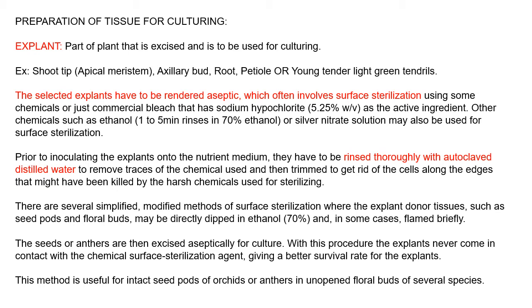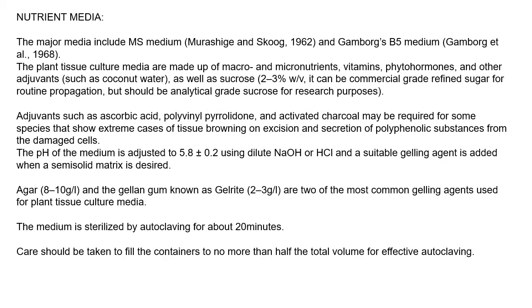The seeds and the anthers are then excised aseptically for the culture from that bud. With this procedure, the explant never comes in contact with the surface sterilizing chemical, giving a better survival rate of the explant. This method is useful for intact seed pods, orchids, or anthers in unopened floral buds for several species.